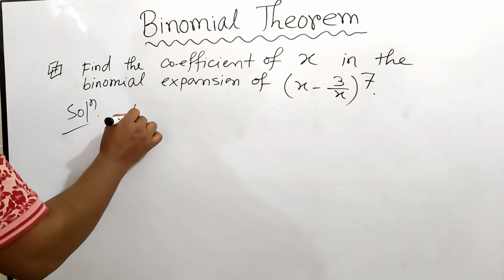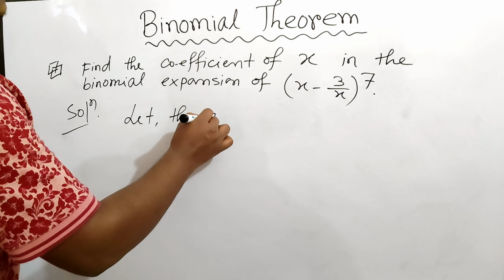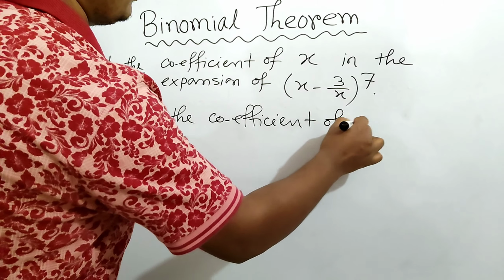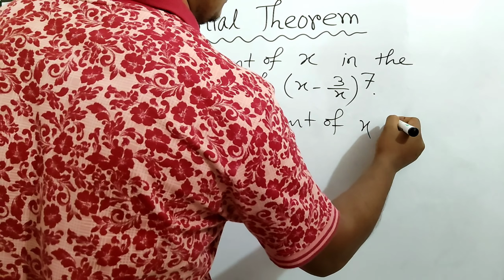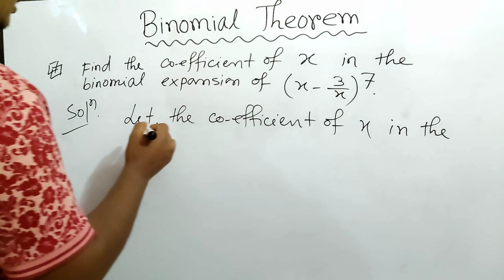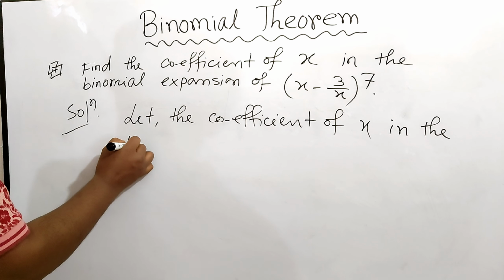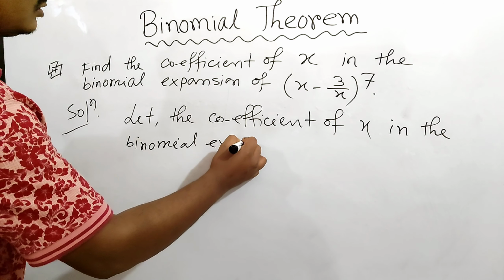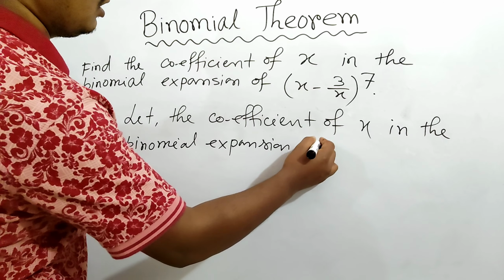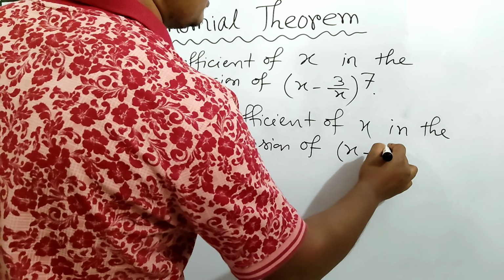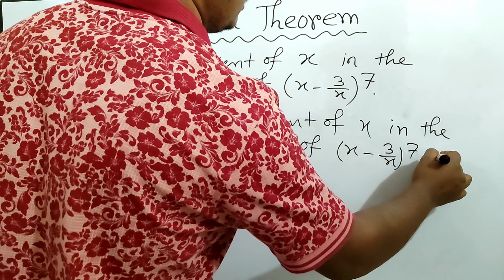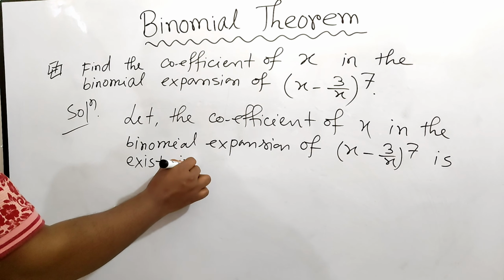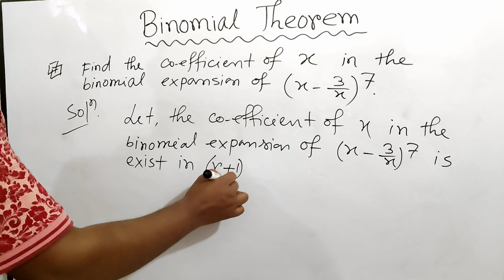So let the coefficient of x in the binomial expansion of (x minus 3 over x) to the power 7 exist in the r plus 1 term.